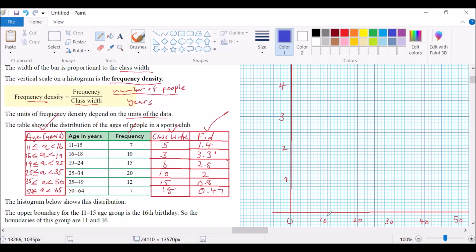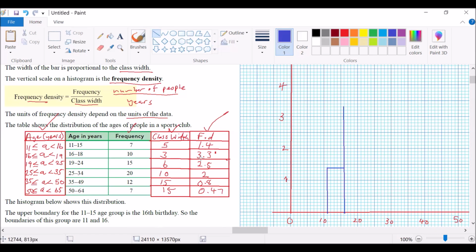Now, 11 to 16. 11 is here, 16 is there. 11 to 16 is 1.4. 1.4 is there, so that's our first bar there. 16 to 19 is 3.3, so this bar should go up to 3.3 there. And we close off this first bar for 11 to 16 up to 1.4.